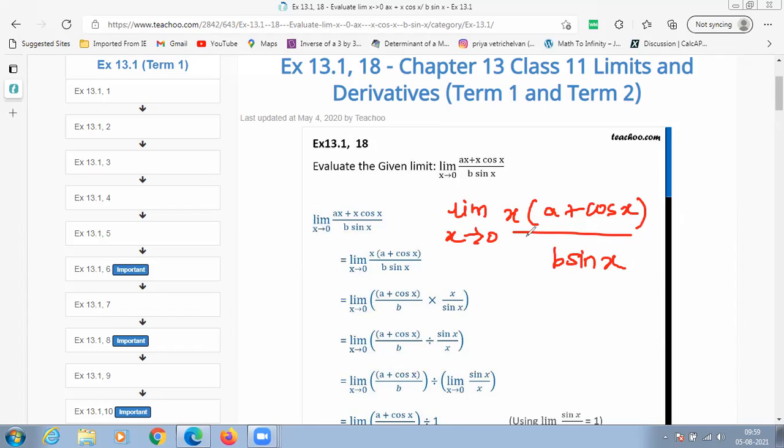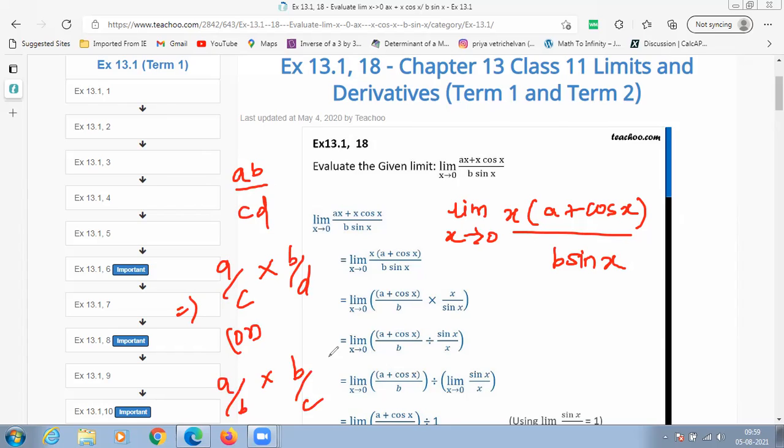Yes, ma'am. Okay. So now I'm going to split this. Like imagine you do have a b by c d. This can be written as a by c times b by d, or else a by d times b by c. Can I do that? Yeah.